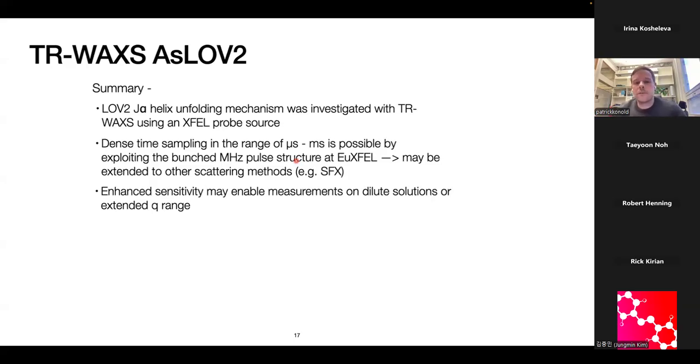And this one pump, many probe illumination scheme might be extended to other types of scattering methods such as SFX, or crystallography, since it requires almost no modification to the setup other than changing the position of the illumination light. So it's fairly easy to implement.